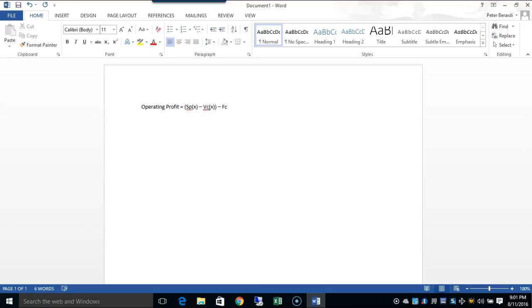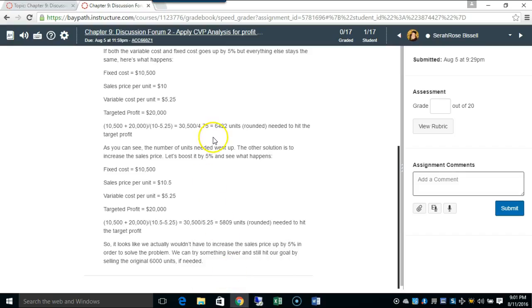So in your case, what you did was you came up with $6,000, which was absolutely correct in your analysis. And you said, what happens if variable costs go up to $5.25 and fixed costs go up to $10,500, but we want a target profit of $20,000.